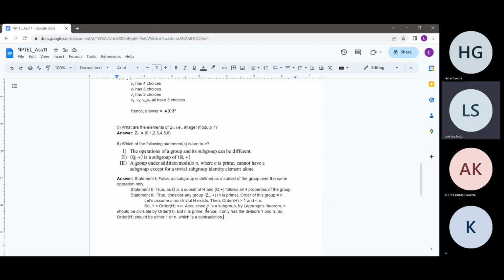So there can't exist a non-trivial subgroup H. I hope you guys understood what I meant by this. So there can't exist a non-trivial subgroup for the given group.